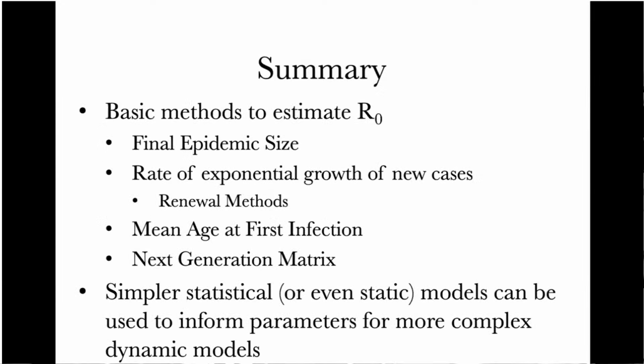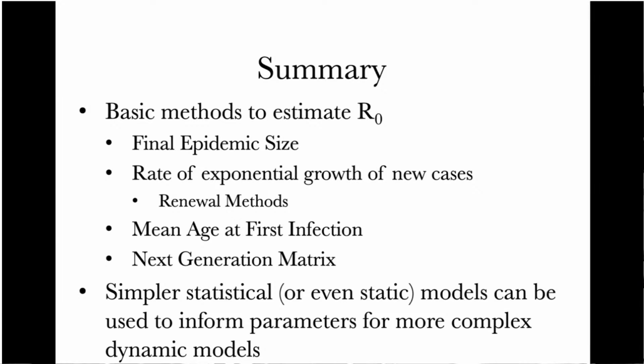In summary, there are many basic methods of estimating R naught. We've looked at the final epidemic size when you have a closed population. There's a direct formula linking R naught to the final epidemic size.